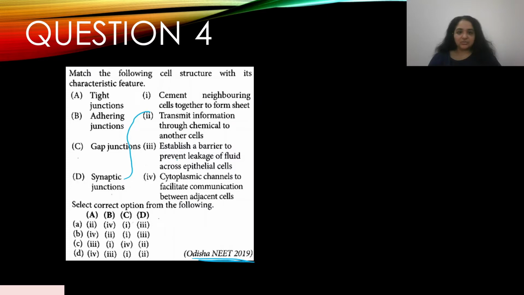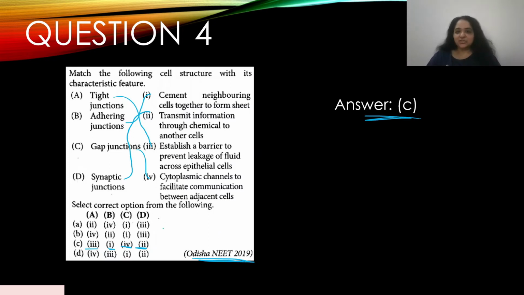Establish a barrier to prevent leakage of fluid across epithelial cells; and cytoplasmic channels to facilitate communication between adjacent cells, that's gap junction. So you have C4, you have D2, and you have B1, and you have A3. So your answer should be C. Yep, so your answer is C.